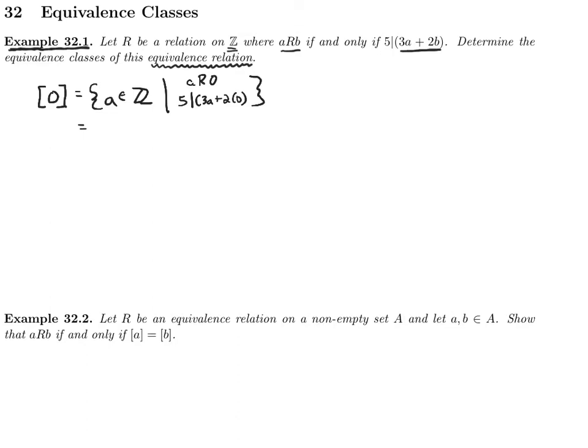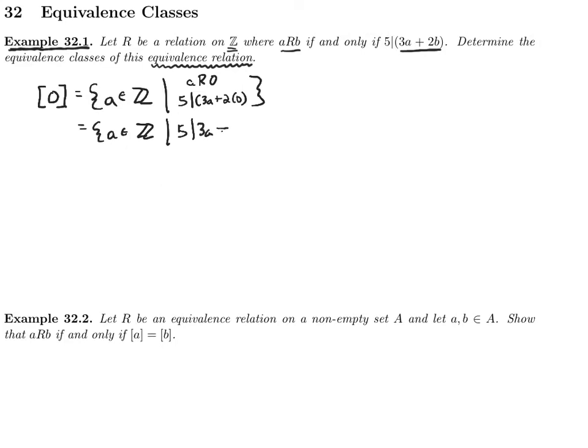So that's going to be the equivalence class here. And let's simplify this. This is all a in the integers such that 5 is a factor of, well, 2 times 0 is 0, so it's just 3a.